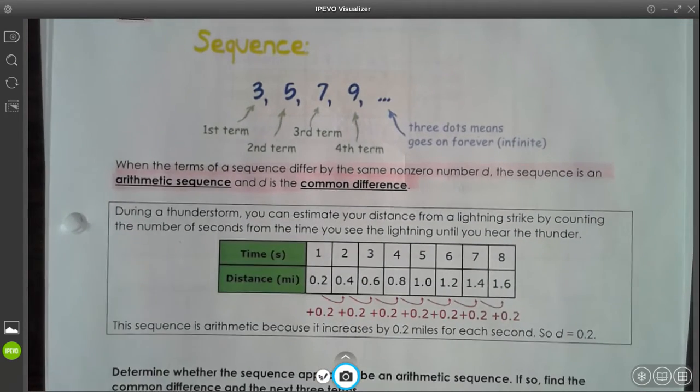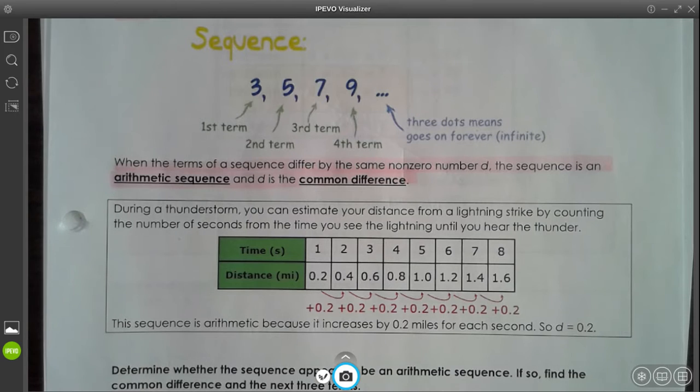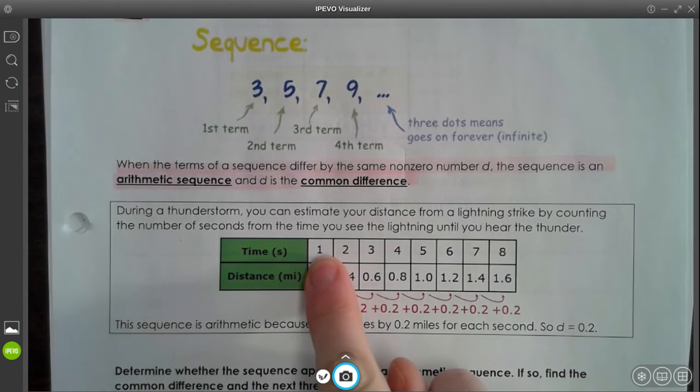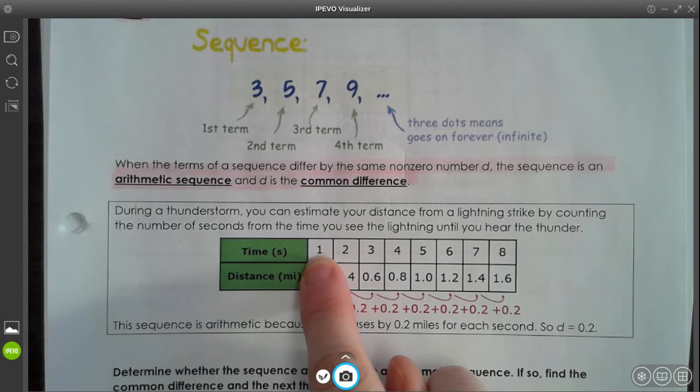Here's another example. During a thunderstorm, you can estimate your distance from a lightning strike by counting the number of seconds from the time you see the lightning until you hear the thunder. So if you see the lightning strike and then you hear the thunder 1 second later, that storm is 0.2 miles away.